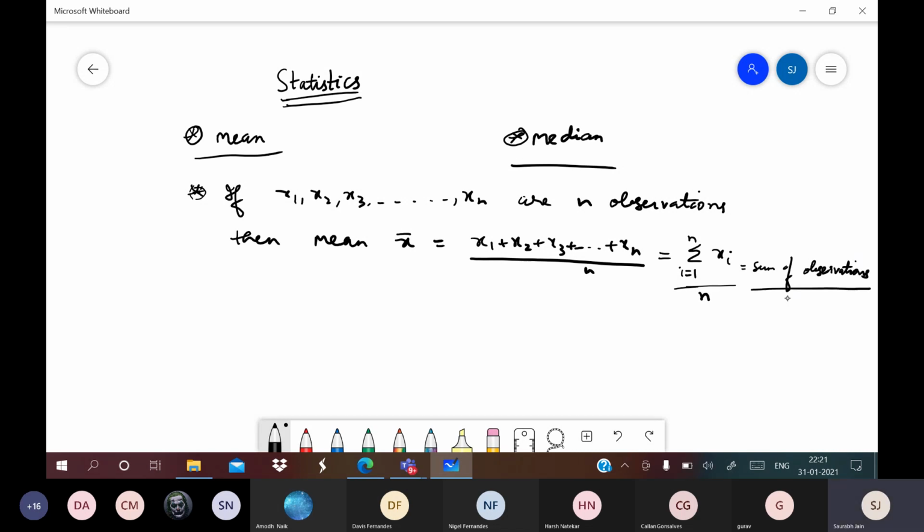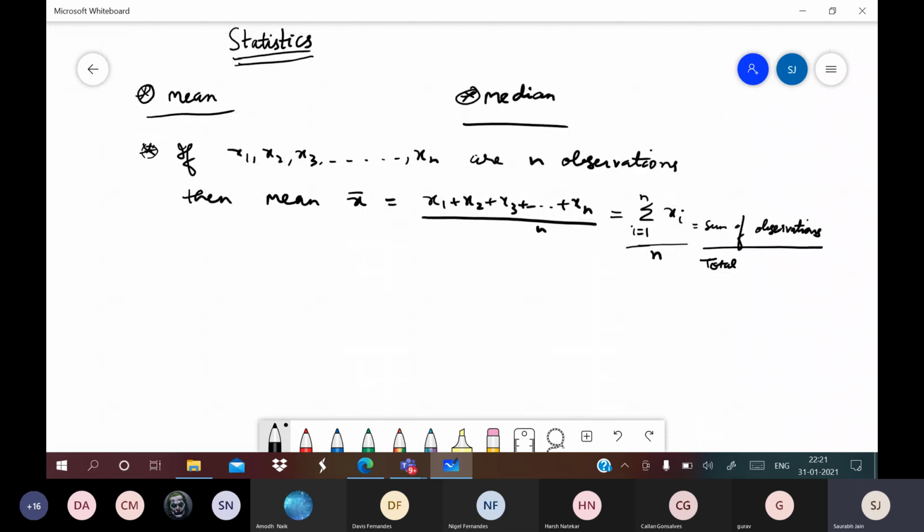Once you know how to find mean and median, then there are some formulae of standard deviation and variance. You just need to know the formula, put those values and solve it. That's it. So this is the formula to find the mean of this kind of distribution, where individual values are given.